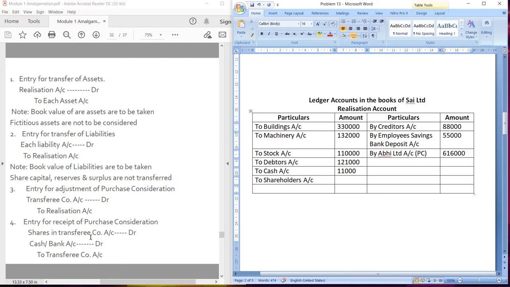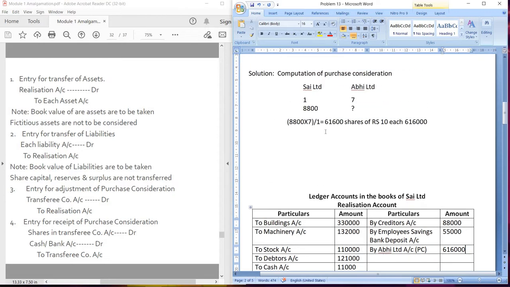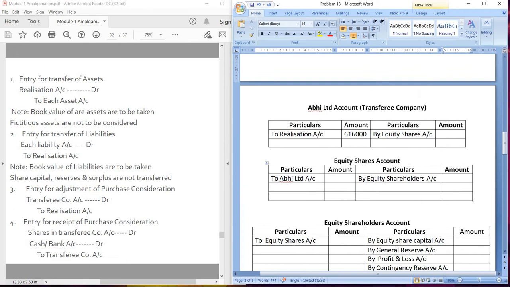Now the fourth entry is for receipt of purchase consideration. Shares in transferee company account debit, cash or bank account debit to transferee company account. So how is the purchase consideration received? It is received in the form of shares. So let us go to shares account, equity shares. The entry is like this: shares in transferee company account debit to transferee company account.